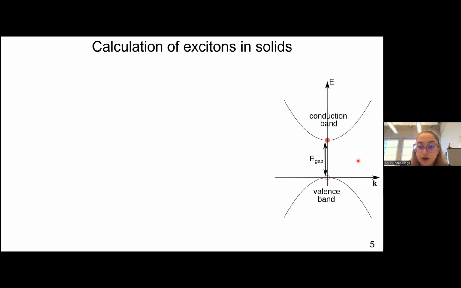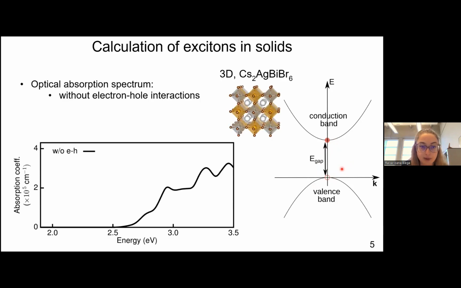What our approach allows us to do is to basically simulate exactly this scenario, when the electron that is now in the conduction band does not fill the hole in the valence band. And if we go back to the double perovskites and take as an example the silver bismuth double perovskite, and compute the absorption spectrum of this perovskite in this particular scenario, then we get the black curve that is represented here.